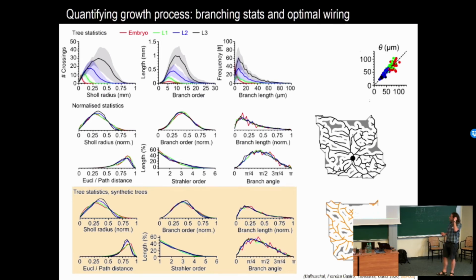And so this means, since we're able to reproduce this with the minimum spanning tree algorithm, that throughout development, these dendrites are optimized for cable and for path lengths. Right? So at each time point throughout the development, while branches are added newly, we're always optimal in the sense of these constraints. Roughly, of course.